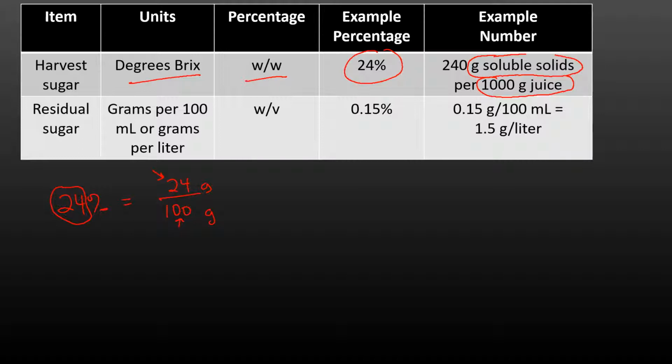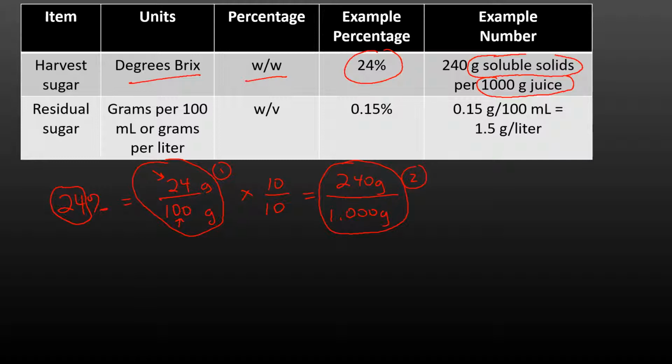What if we want to express that per 1,000 grams? Well, we do the same thing we did in the last slide, multiply by 10 over 10. That makes the numerator 240 grams, and the denominator 1,000 grams. So fraction number 1, fraction number 2 are the same value. We've just multiplied by 10 over 10. Okay, so that's degrees Brix.